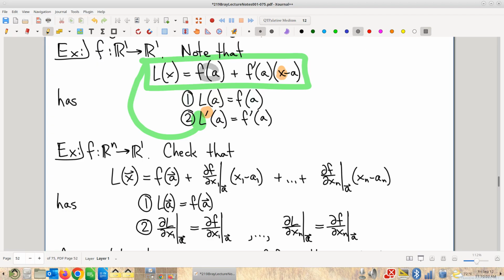This is a constant. This is a constant. And don't forget a, of course, is also a constant. As you're taking the derivative of this L up here, most of what you see there is constants, and you treat them as such.